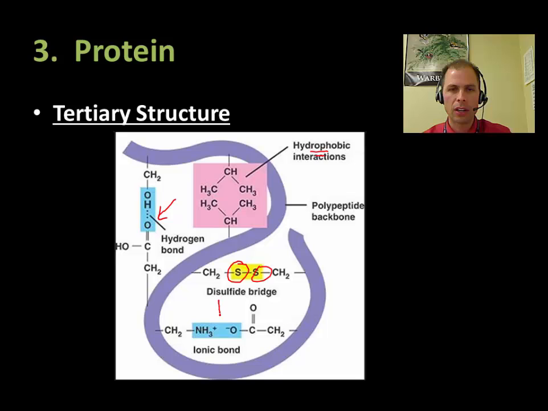Or finally over here we see ionic bonds that form between oppositely charged portions in the R groups of these different amino acids. So the bottom line here, we're looking at interactions among R groups in the tertiary structure, whereas in the secondary structure, we're really looking at molecular interactions and intermolecular forces between adjacent amino acids and specifically their non-R group regions.